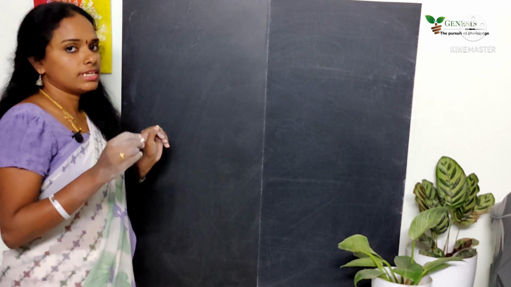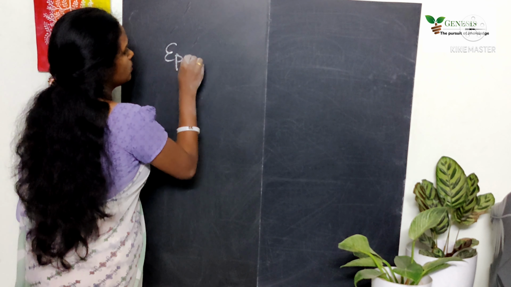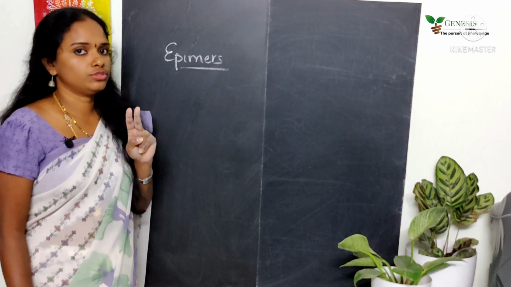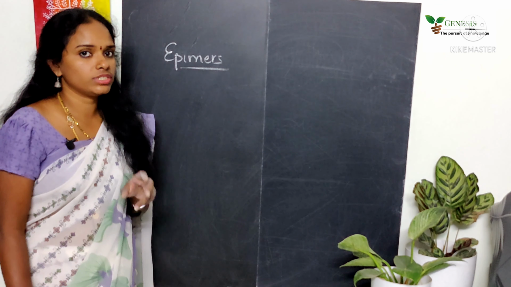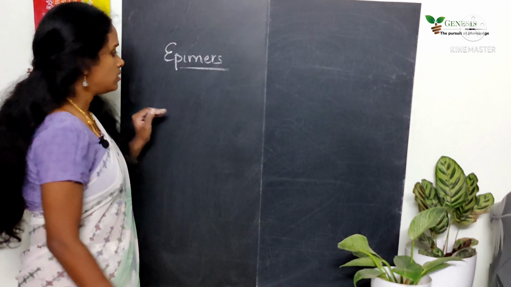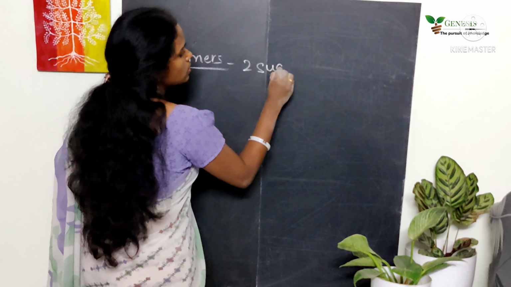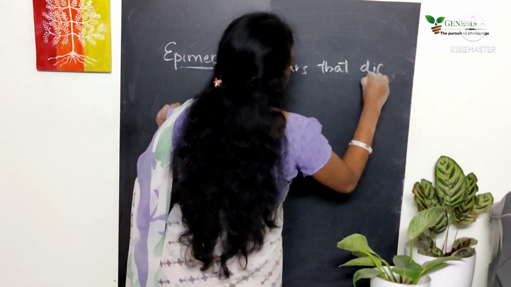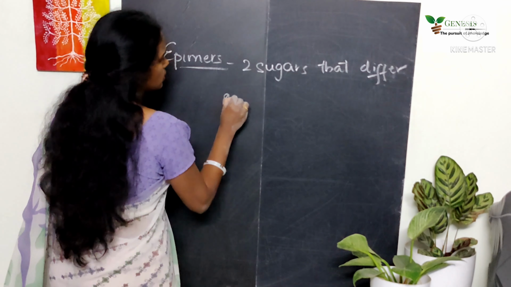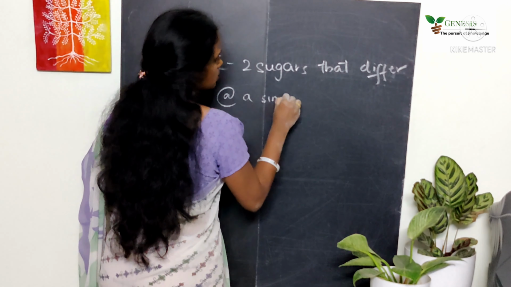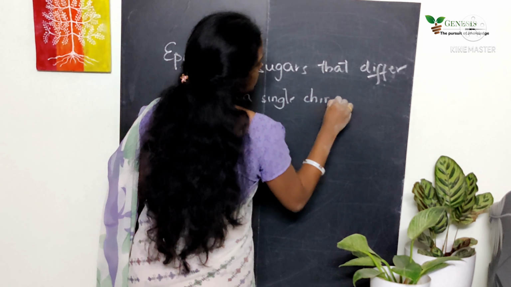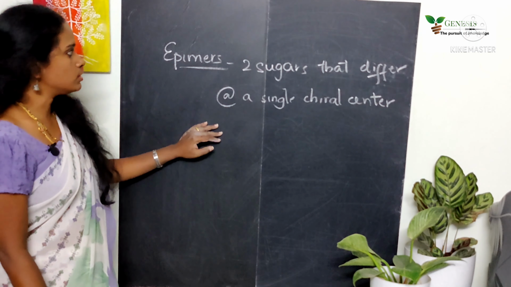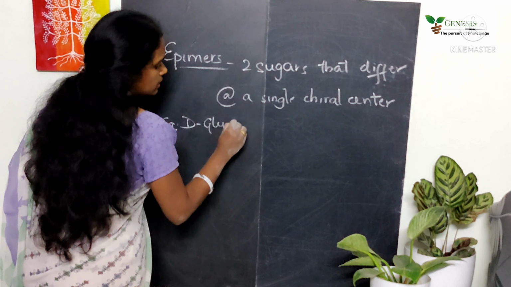And the last one, epimers. Epimers are the 2 sugars that differ in their configuration at a single chiral carbon atom. Those are called epimers, for example D-glucose and D-mannose.